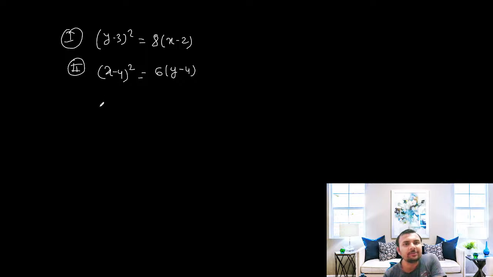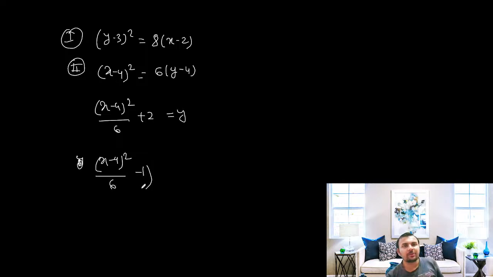So we can simply do (x - 4) whole square upon 6 plus 2 equal to y. We'll put this in place of y. So we'll get y minus 3 is (x - 4) whole square by 6 minus 1, whole square, equal to 8x minus 16.